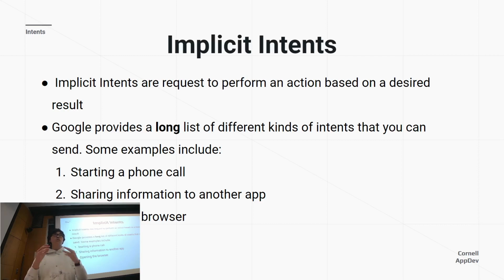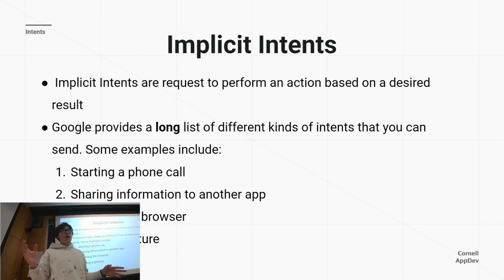It doesn't care what specific app you share it on, so what Android will do is pull up a whole list to show, hey, these are the things that can perform this intent that you wanted, right? And here are some examples: starting a phone call, sharing information, opening a browser, and taking a photo. Because you could have multiple different ways of taking photos, and multiple different ways of opening your browser, etc.